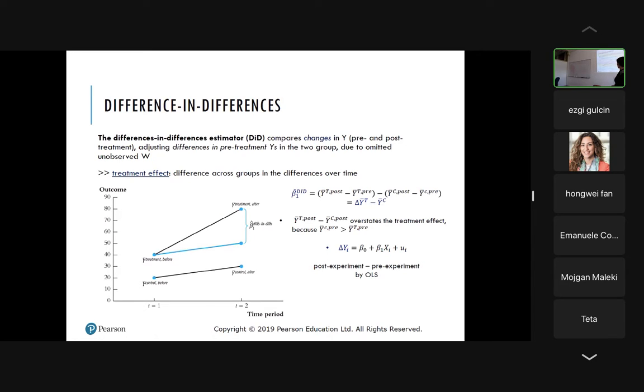So if I want, for example, to measure the effect of a policy measure on some individuals, in this case the income of individuals, and the treated group already had a higher income because of some characteristics, for example they have some inherited wealth from the family, and this is W in this case, then we need to clean for this difference.